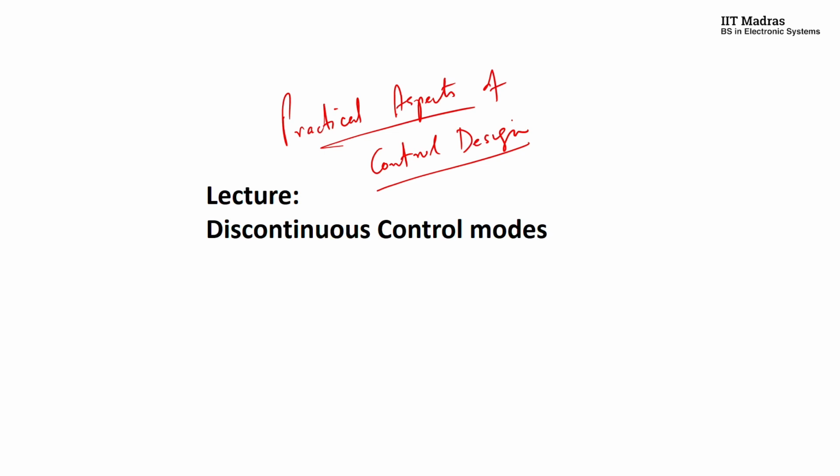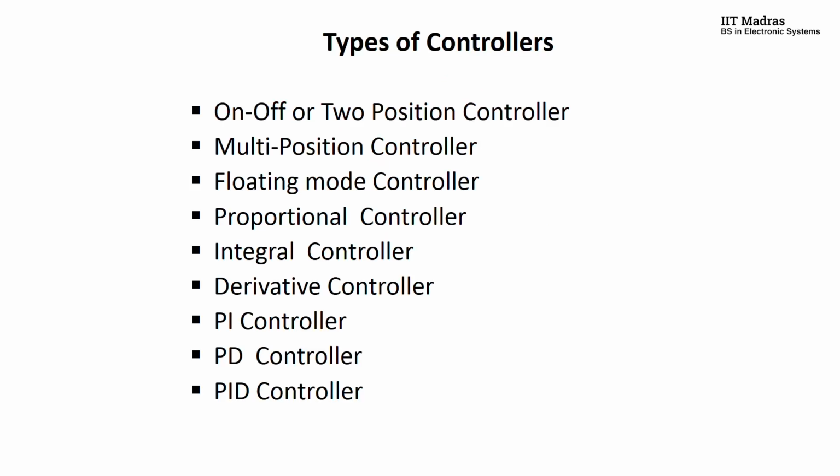We would discuss in detail what the discontinuous control modes are. These discontinuous control modes are the first three control modes of the whole set of control modes here, and these are the continuous control modes.